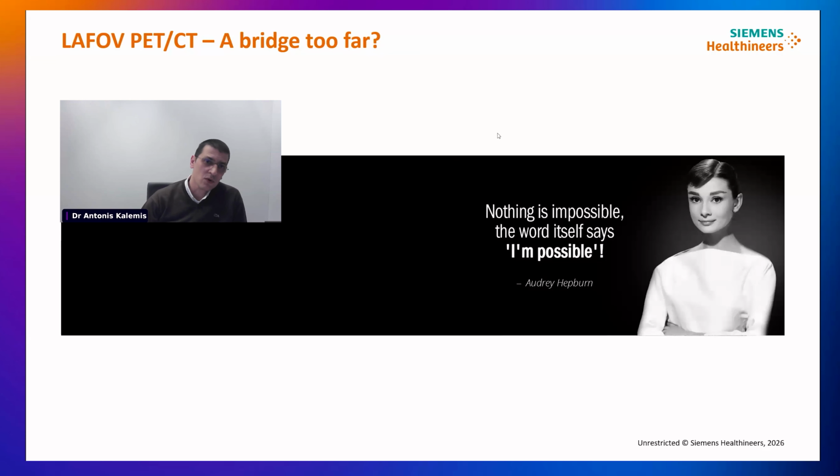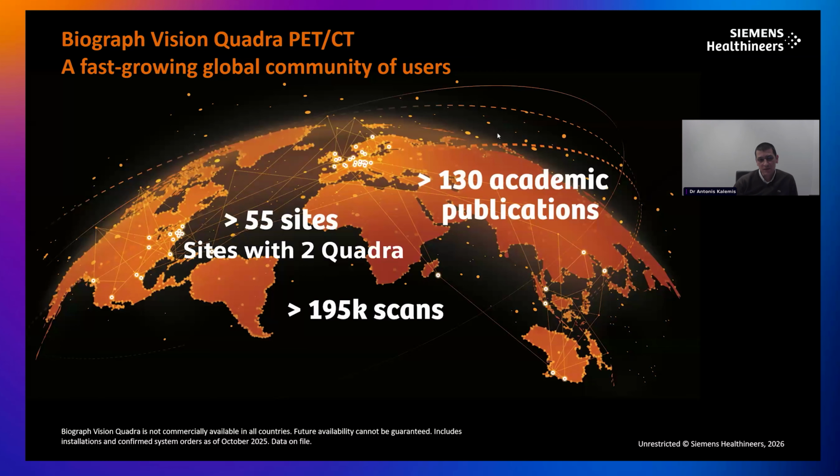For that, I'll have another quote to put forward: nothing is impossible, especially when there are a lot of people currently utilizing the system, who have tried to implement the system into clinical research practice. We're talking just from Siemens' perspective about 55 sites, and some of them even have 2 Quadras installed. I'm pretty sure that this is only one part of the image.